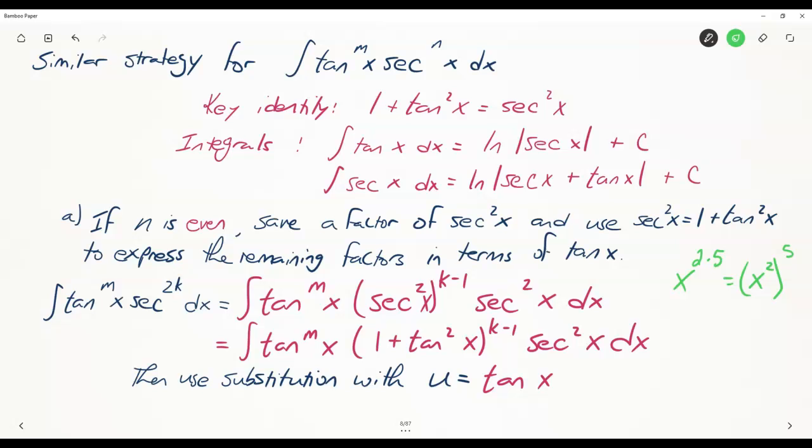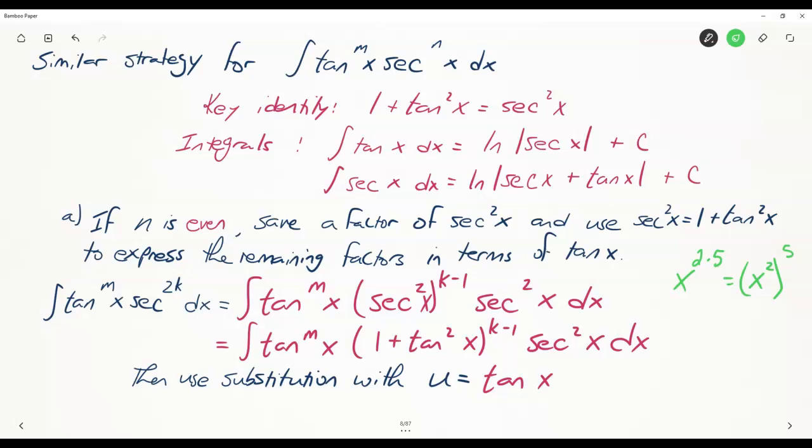By breaking these factors off in just the right way and using the trig identities, we can make a substitution that will turn a product of trigonometric functions into a polynomial function, which is a piece of cake to integrate. You just raise the power by 1, divide by the new power on each individual term.